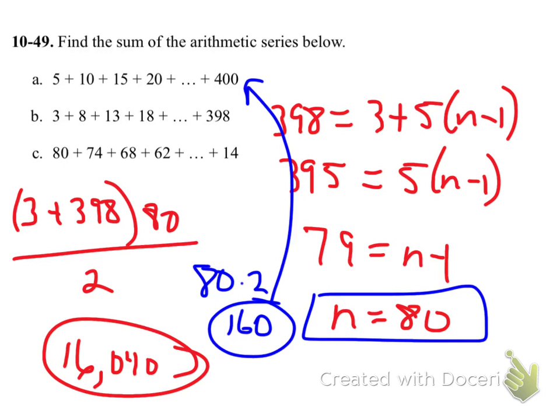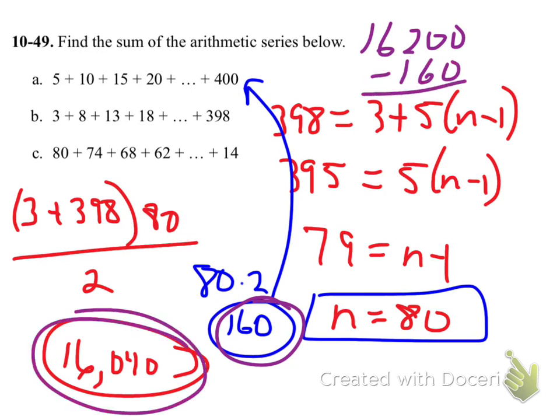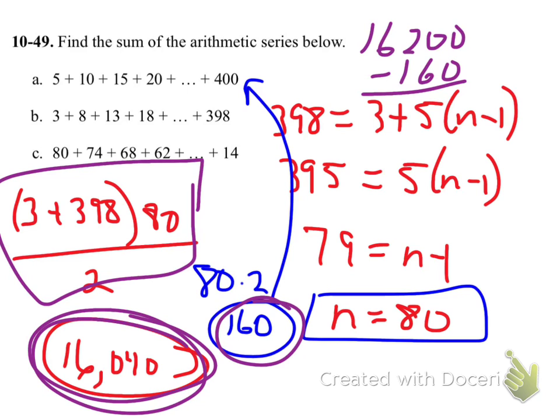So if I thought back to problem A, which was 16,200, B is going to be 160 less. So when I subtract those, I get, again, my sum here. So a different way of looking at it. But you can always just go through and do the steps that we did there.